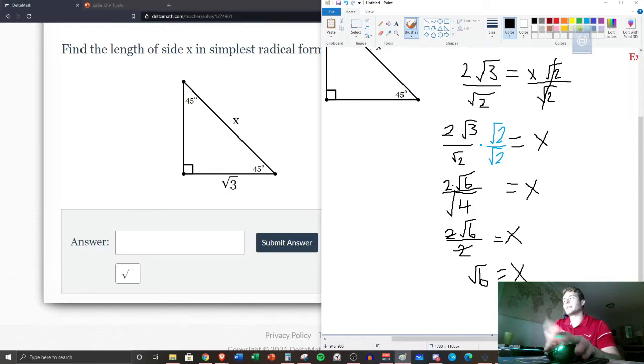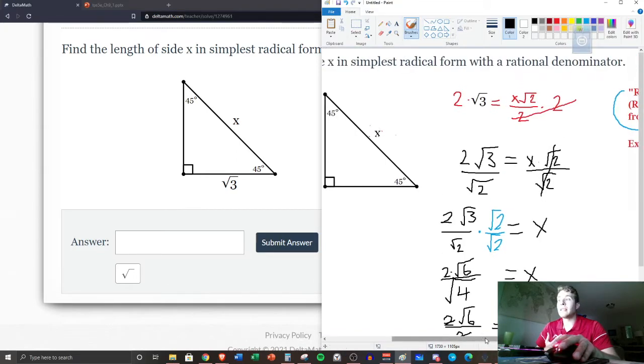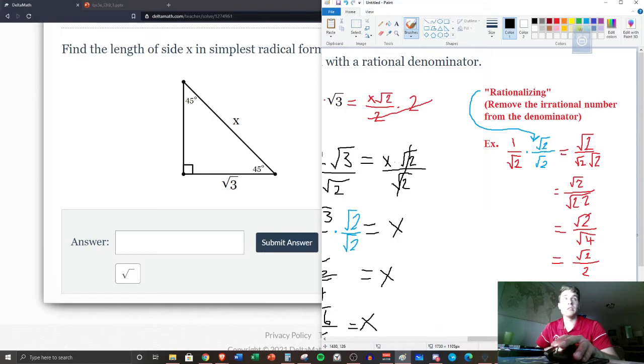In my opinion, it's not the most necessary thing. I don't know why mathematics enjoys rationalizing or why it's necessary, but a lot of big tests are going to expect that you rationalize. Those who take an entry-level math class in college, this is very common to see in some of the content.